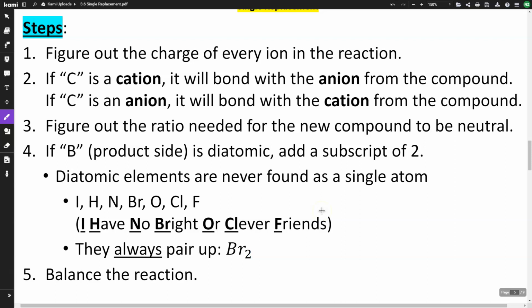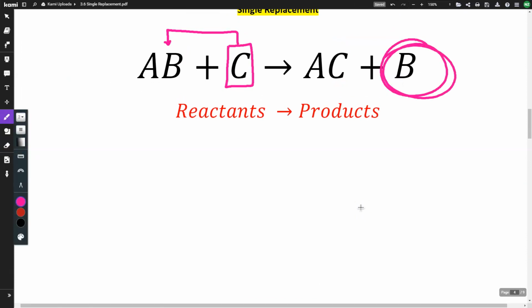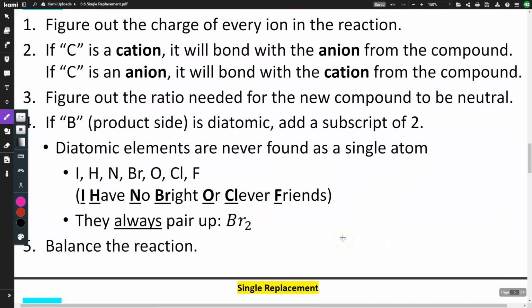If B on the product side is diatomic, add a subscript of 2. So this is what I'm talking about right here. Whatever is by itself, if it is diatomic, it's going to have a subscript of 2. So iodine, hydrogen, nitrogen, bromine, oxygen, chlorine, fluorine.